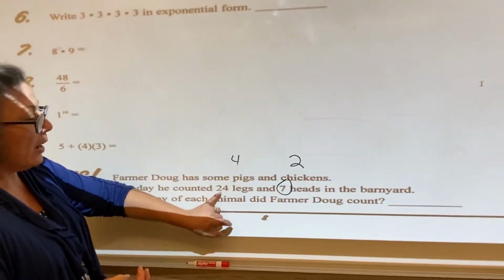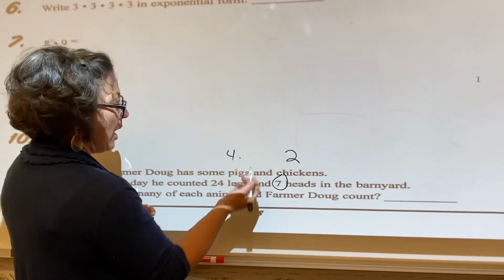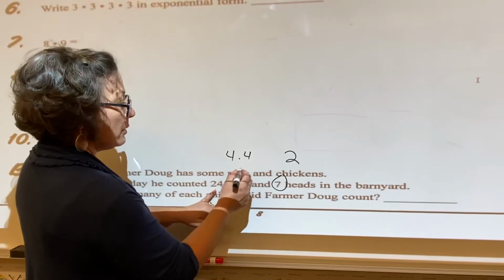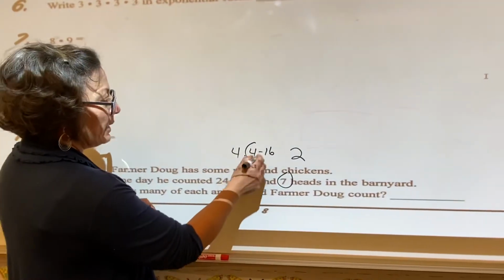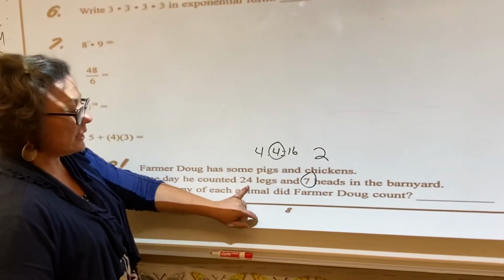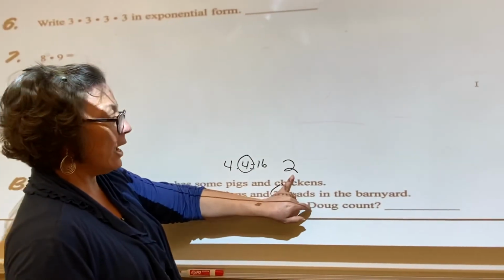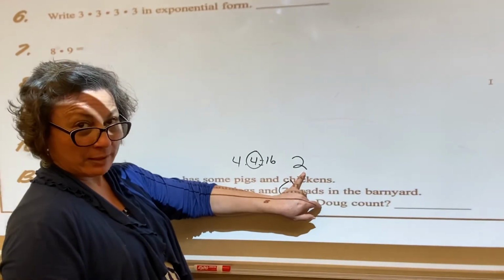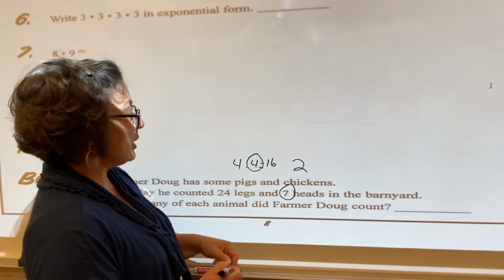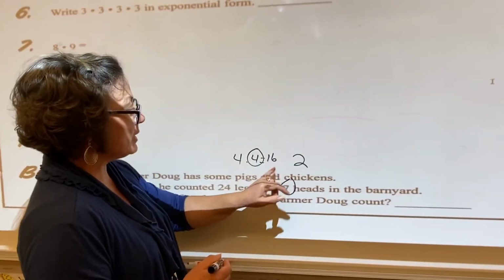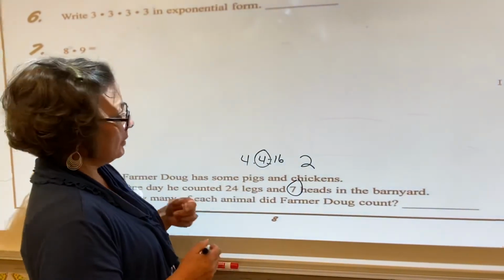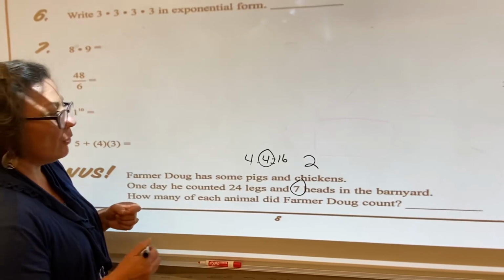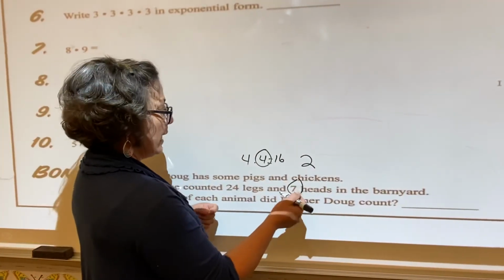So we can say 4 times 4, maybe that equals 16 total legs. So we have 4 pigs and 16 legs, and then we need a couple of legs for chickens. How many more legs do I have? Well, from 16 to 24, that's 4 and 4, that's 8.